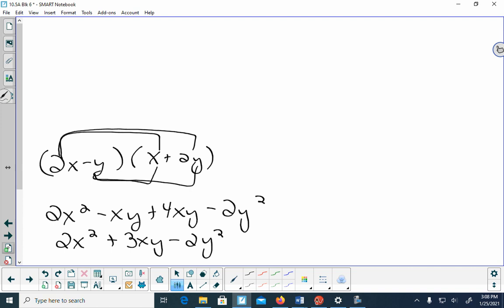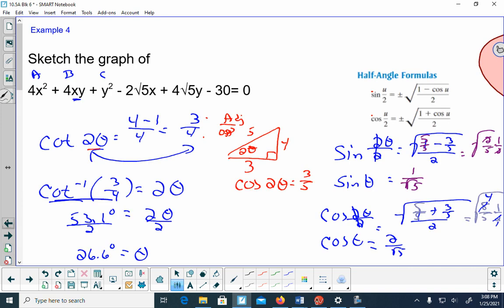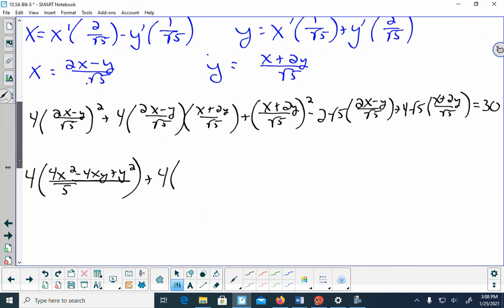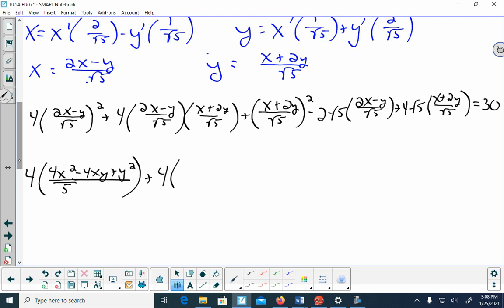And that is going to be my numerator. Oopsie, that's a minus. And this is all over the square root of 5 times the square root of 5, which will just be 5. Now I'm going to square this x plus 2y.